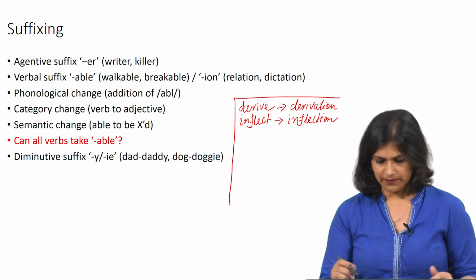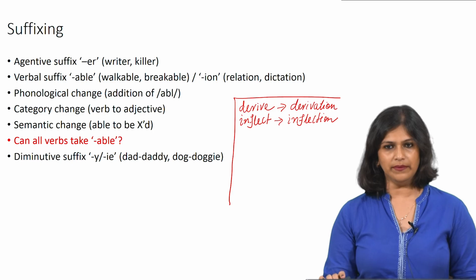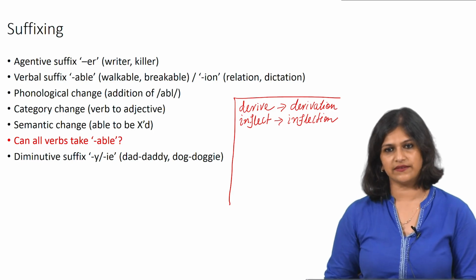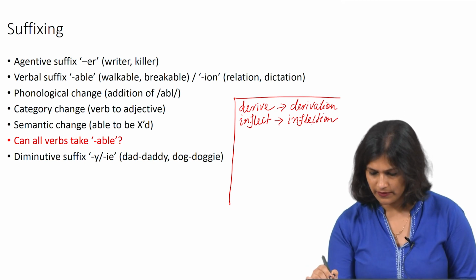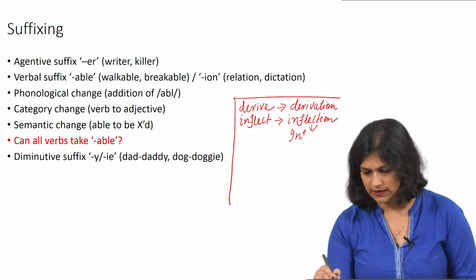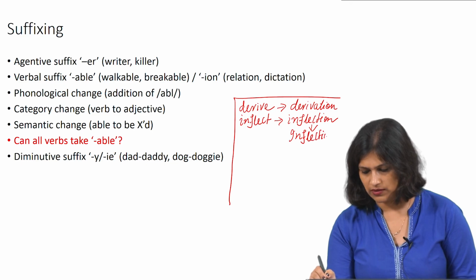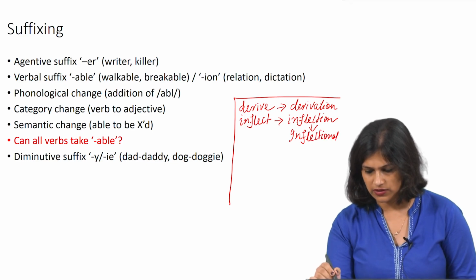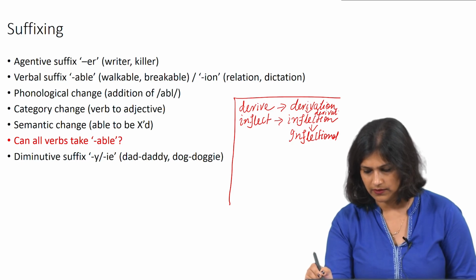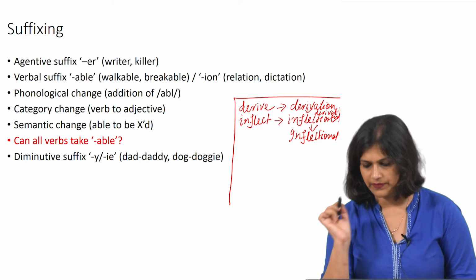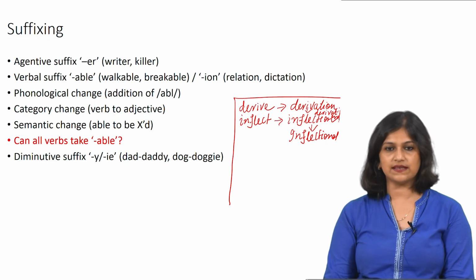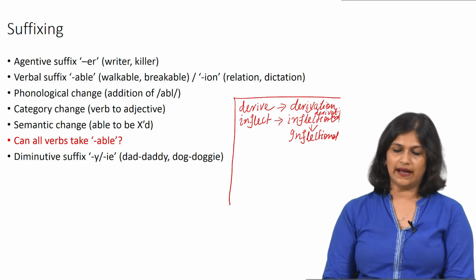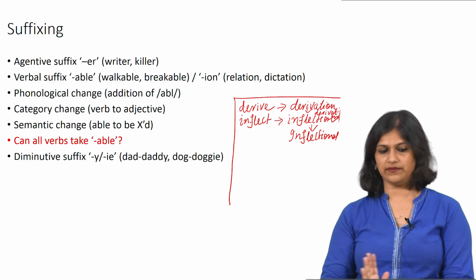When they derive something, we call them derivational morphemes, and when they are just used as inflectors, we call them inflectional morphemes. So, remember, from inflection we get inflectional, and from derivation we get derivational. Okay. So, it is a little clumsy. These prefixes or suffixes or infixes, whatever they are, would have either the derivational category or the inflectional category.